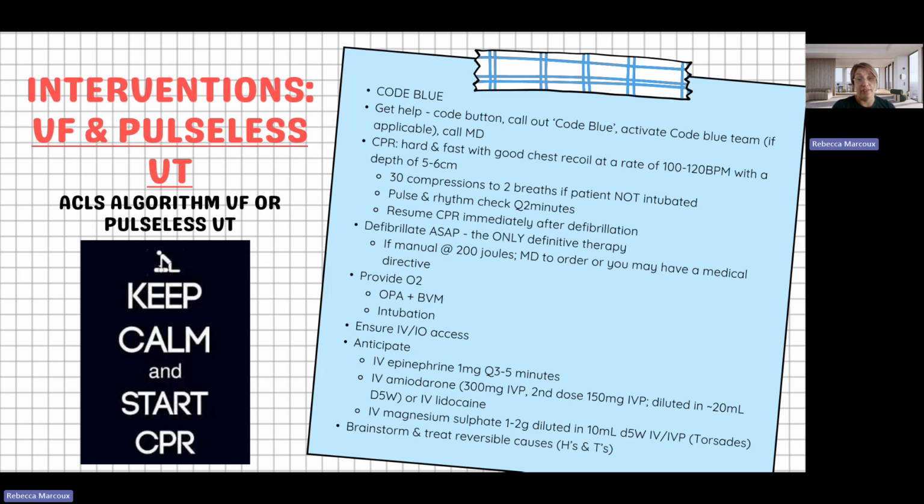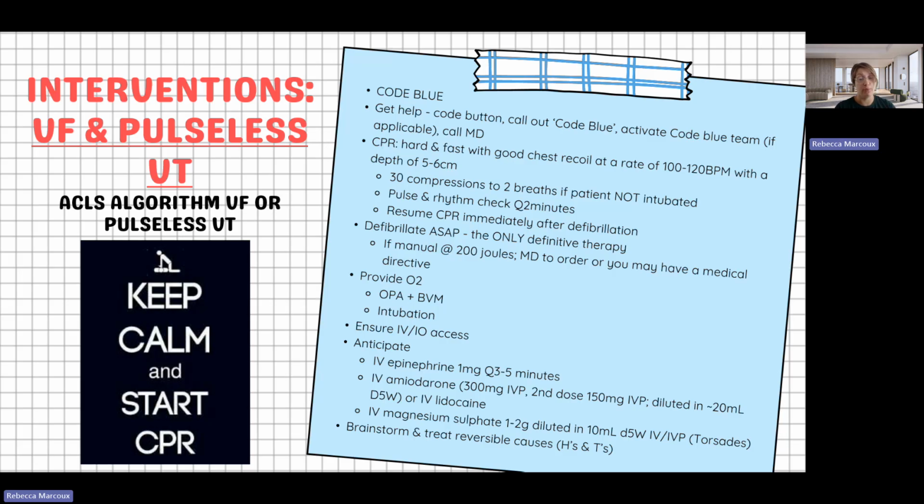The only definitive therapy for VF or pulseless VT is going to be defibrillation. So defibrillation is priority, but it does not beat CPR either. So you want to start CPR, call someone to get the defib, keep doing CPR while they put the pads on. And as soon as the pads are on, you can stop CPR, defibrillate ASAP.